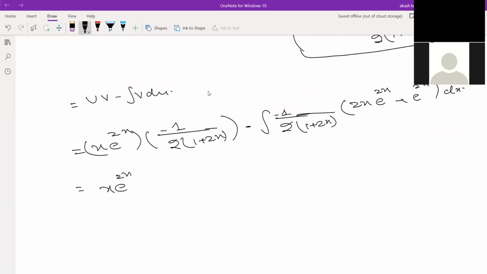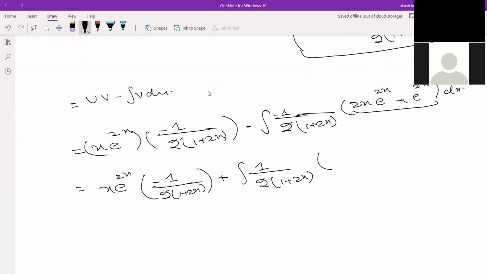So x e to the 2x, minus half over 1 plus 2x, minus minus becomes plus, the integral of 1 over 2, 1 plus 2x. Okay, can I take anything common from this? From this function, can I take e to the 2x common?